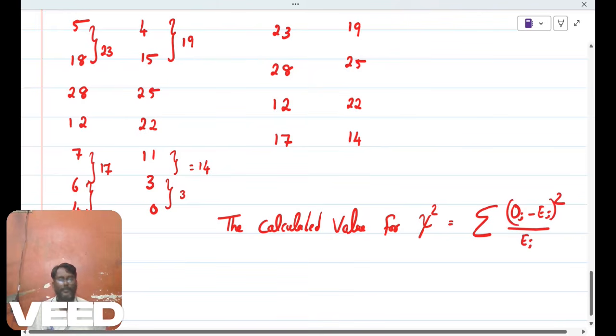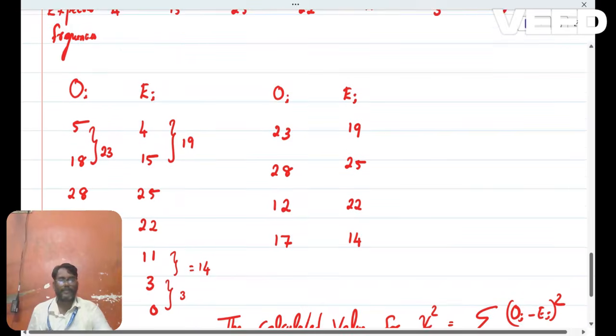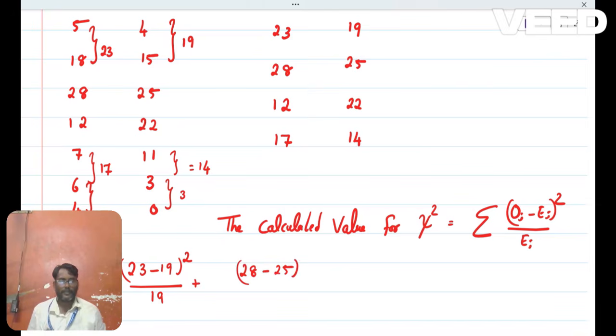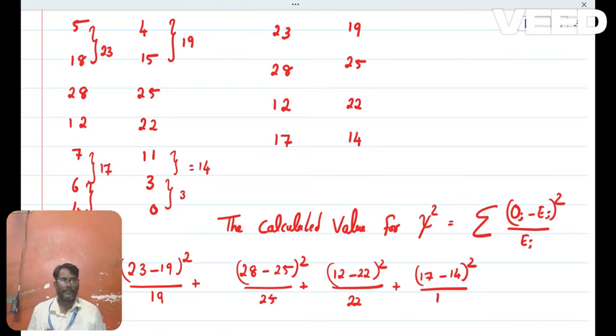So we need to compute these values: 23 minus 19 the whole squared divided by 19, plus 28 minus 25 the whole squared divided by 25, plus 12 minus 22 the whole squared divided by 22, plus 17 minus 14 the whole squared divided by 14.